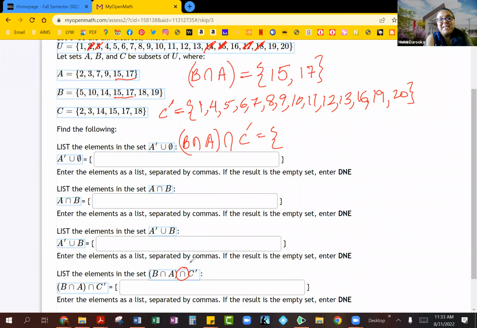Nothing, because 15 and 17 were part of C, which means they are not part of the C complement, right? And that's the only two numbers we have in B and A. So obviously then this comes out to be an empty set. And as you can see, for an empty set, they are asking you to put in does not exist or DNE.